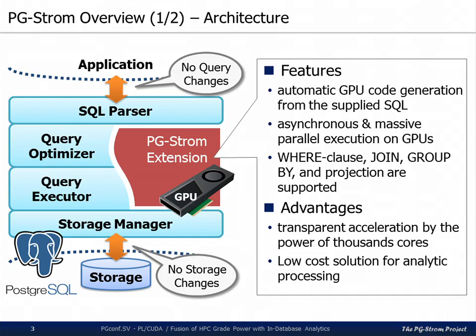The optimizer checks the cost value of all possible execution paths, and if the GPU execution path is cheapest, it is selected, and next the executor calls pgstrom to execute the SQL workload on GPU devices.